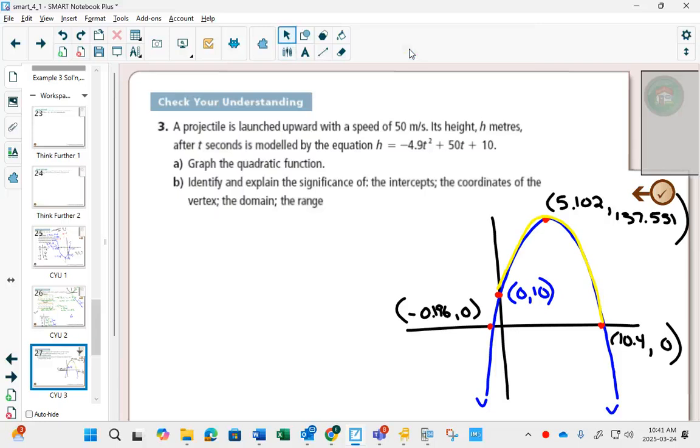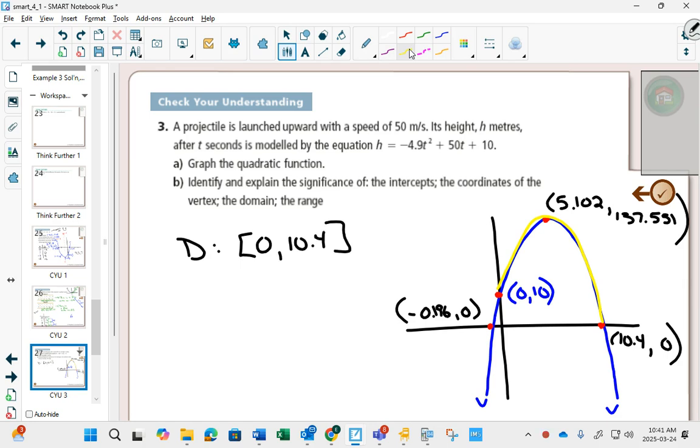So when we're talking about domain in this question, the domain would be from 0 to 10.4. Normally domain of parabolas is everything, but this is a word problem. Its domain only makes sense in that section. Its range only makes sense from 0 to 137.531.